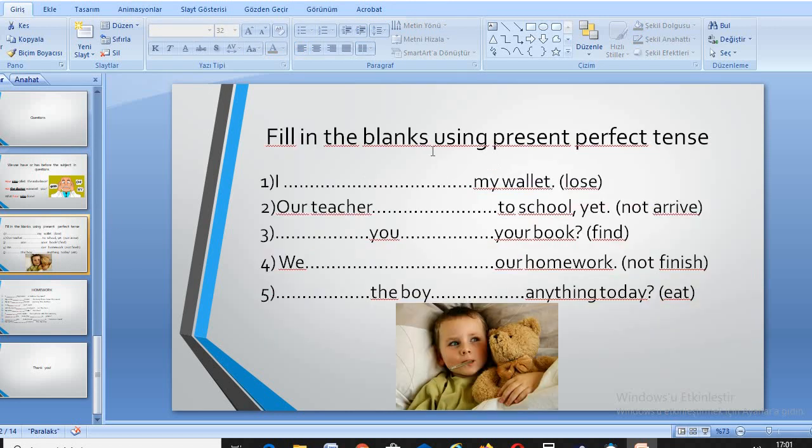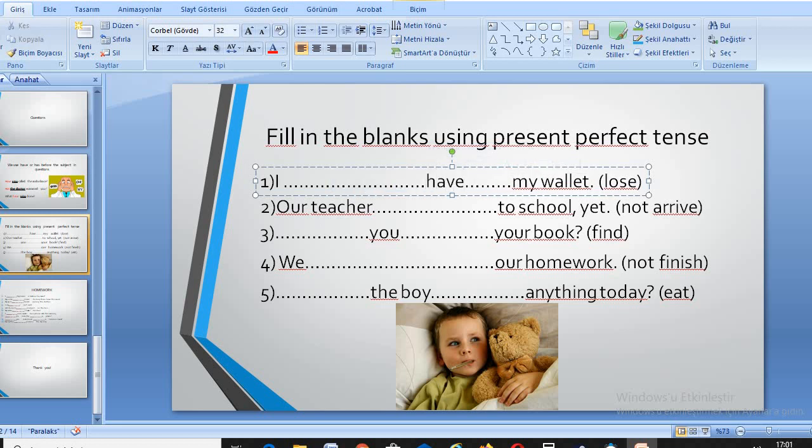Look, now this time, fill in the blanks using present perfect tense. My wallet, lose. So what do we use? We use I have, of course, I have lost. Past participle is lost.